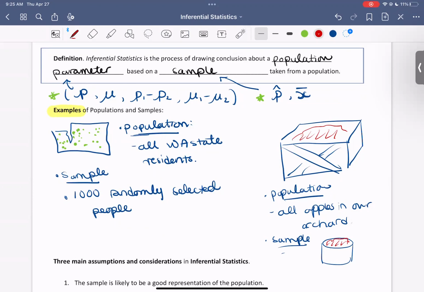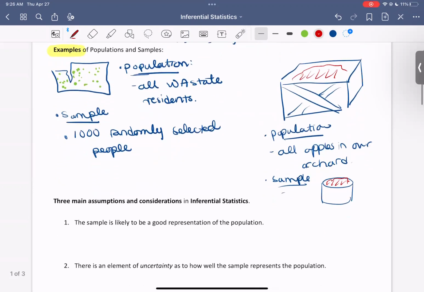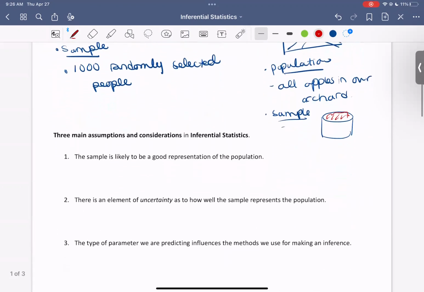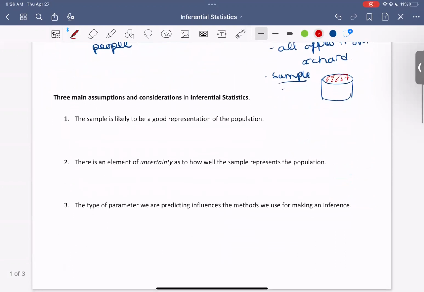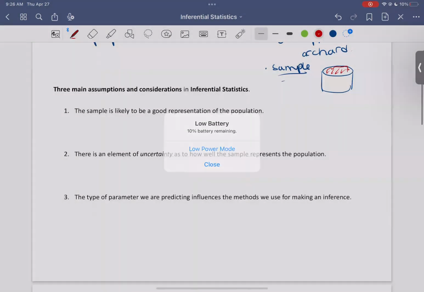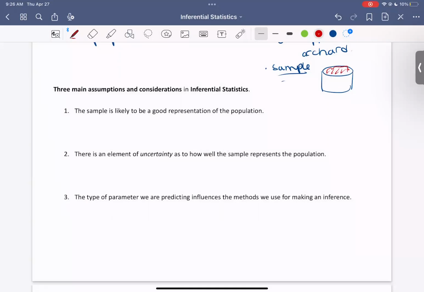All right, so now let's get into some of the details of inferential statistics. There are three main assumptions and considerations in this topic. First of all, we want to assume that the sample is a good representation of the population.